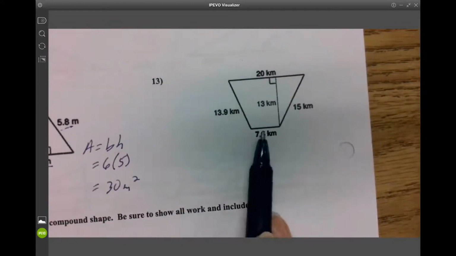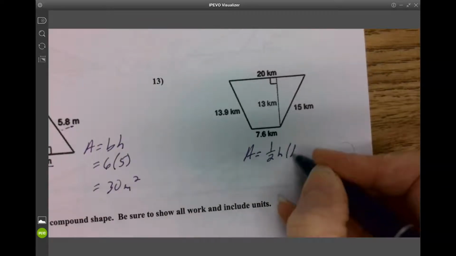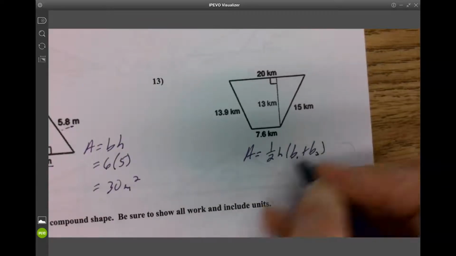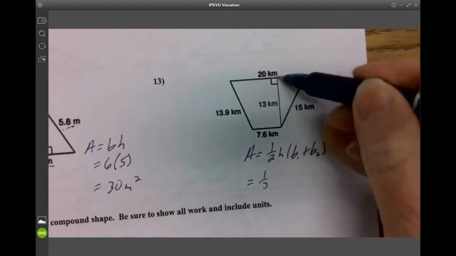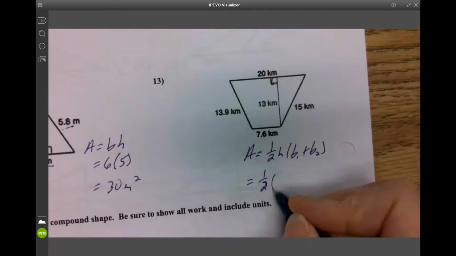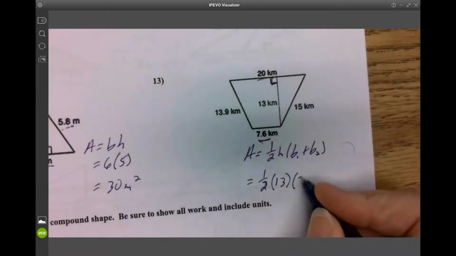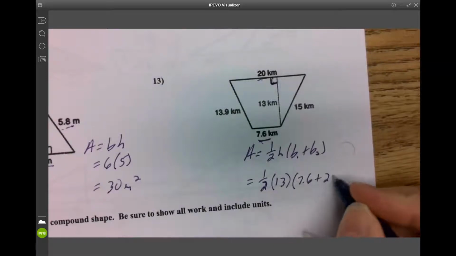Number 13 is a trapezoid. So a trapezoid, I write down the formula, 1/2 height times base 1 plus base 2. So 1/2, your height is always perpendicular. So it forms that 90-degree angle. So I have 13. My 2 bases are 7.6 and 20. And I'm just going to add those 2 together.